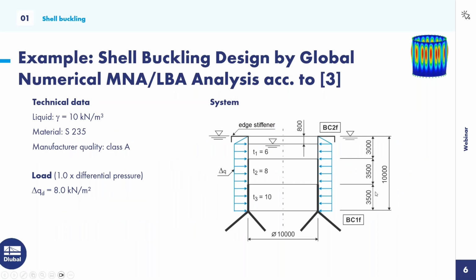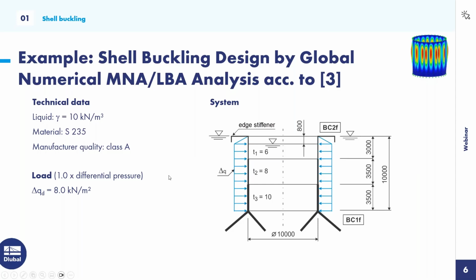Okay, then we turn to the example. You can see that cylindrical silo with different wall thicknesses. The material is S235. And it's filled with a liquid, so there's applied pressure from the liquid and earth pressure from the outside.